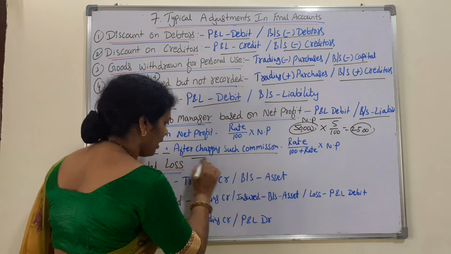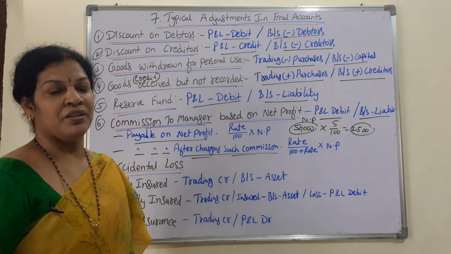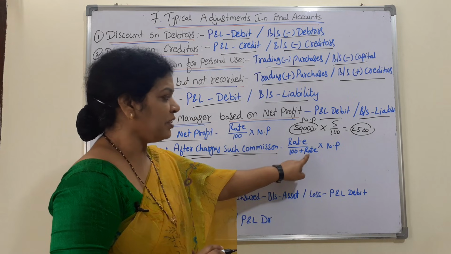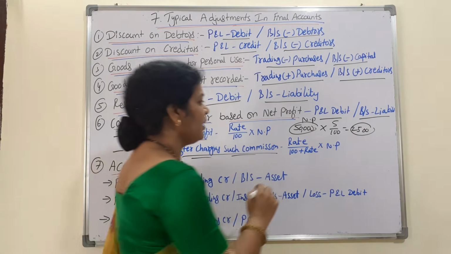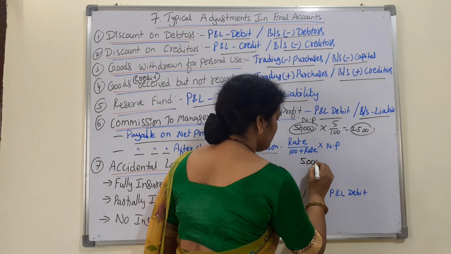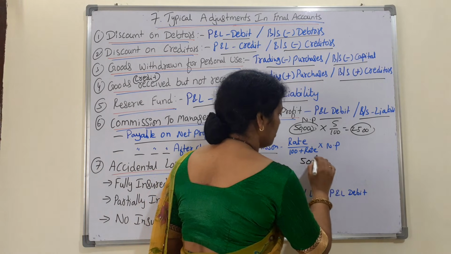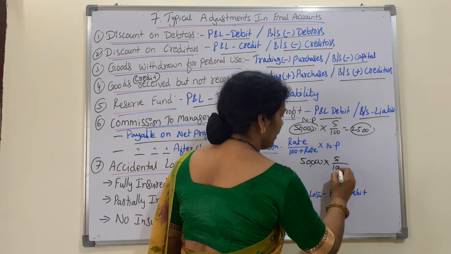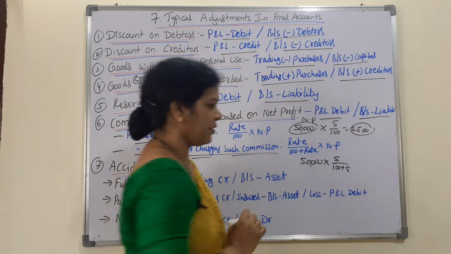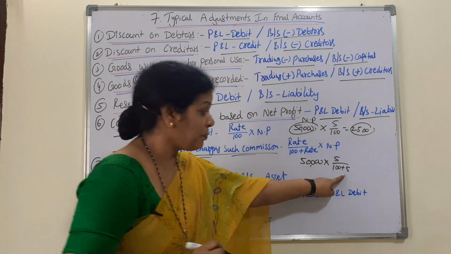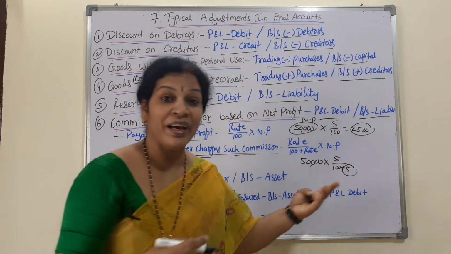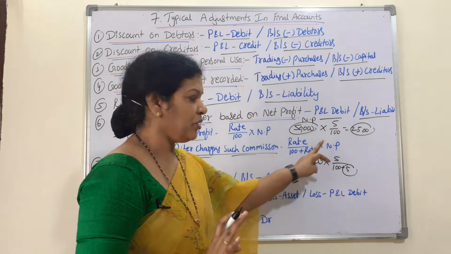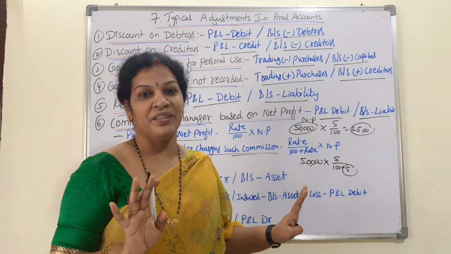Then the calculation will be rate by 100 plus rate into net profit. It means 50,000 into 5 by 100 plus 5. Plus 5 means we are including the 5% also. That is the reason we take 50,000 into 5 by 100 plus 5.